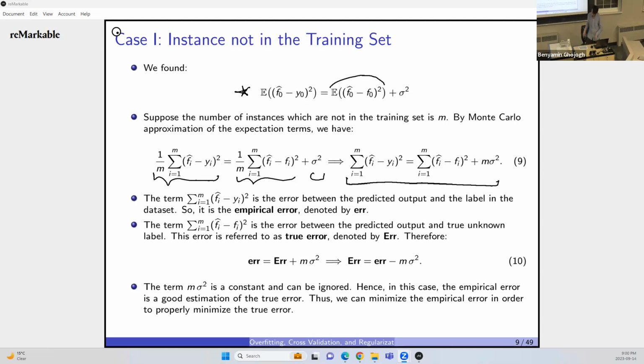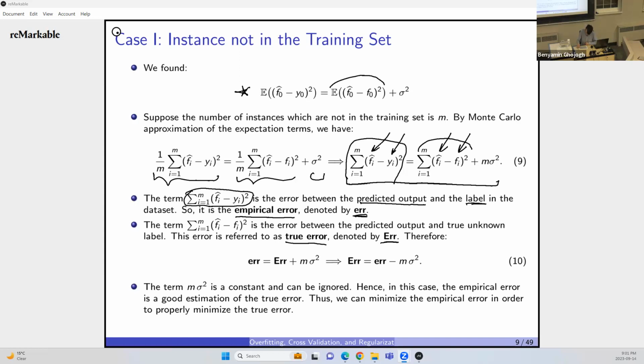So far clear? Okay. This first term is the error between what? Between the predicted output and the label in the dataset. Because this is the predicted, this is the label, right? So it's the empirical error. We denote it by a small error. I'm naming it empirical error. What is this term? The error between the predicted output and the true label, which we don't know. Therefore, we call it true error, denoted by capital error.